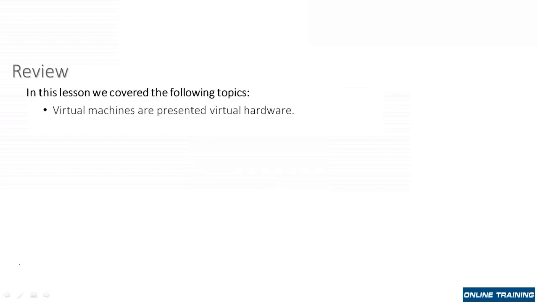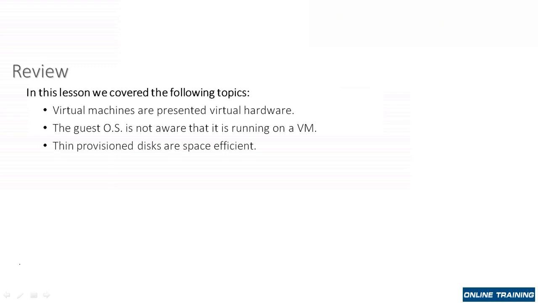Okay, so in this lesson, we learned that virtual machines are presented virtual hardware, and the guest OS is not aware that it's running on a virtual machine. The guest OS just sees virtualized versions of hardware that it thinks are real. We learned that thin provisioned disks are space efficient, but they don't have the same performance characteristics of a thick provisioned, eager zero disk.